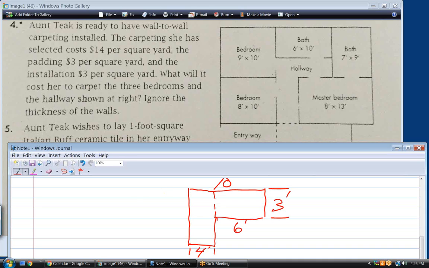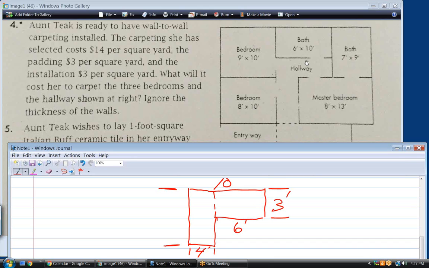We need to know this distance right here. So that would be 8 plus 3.